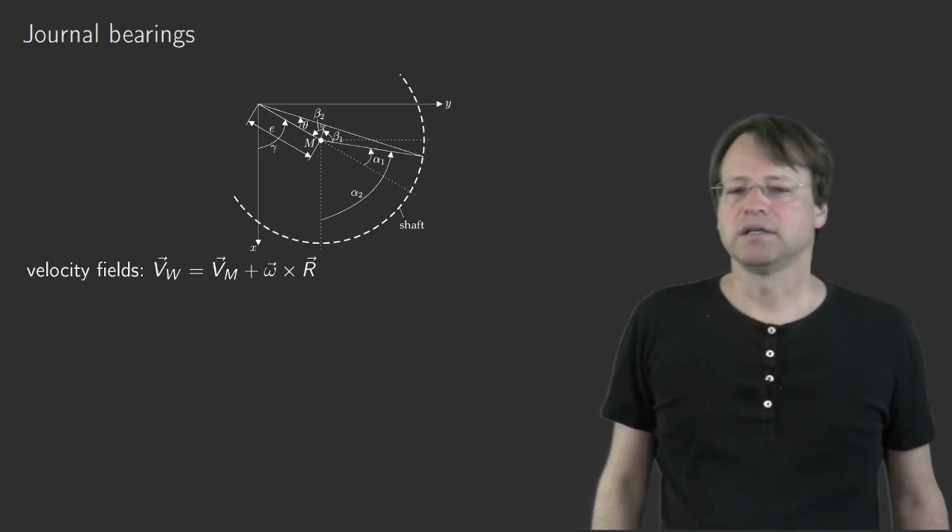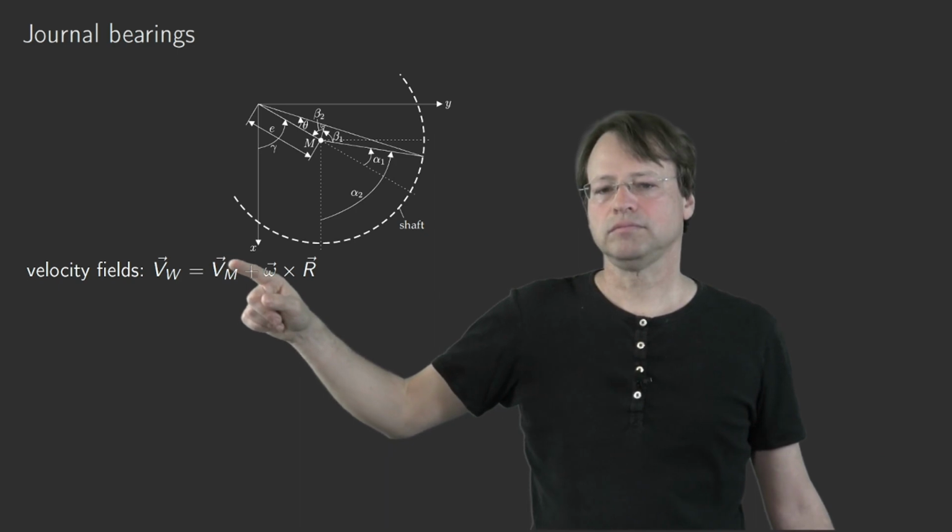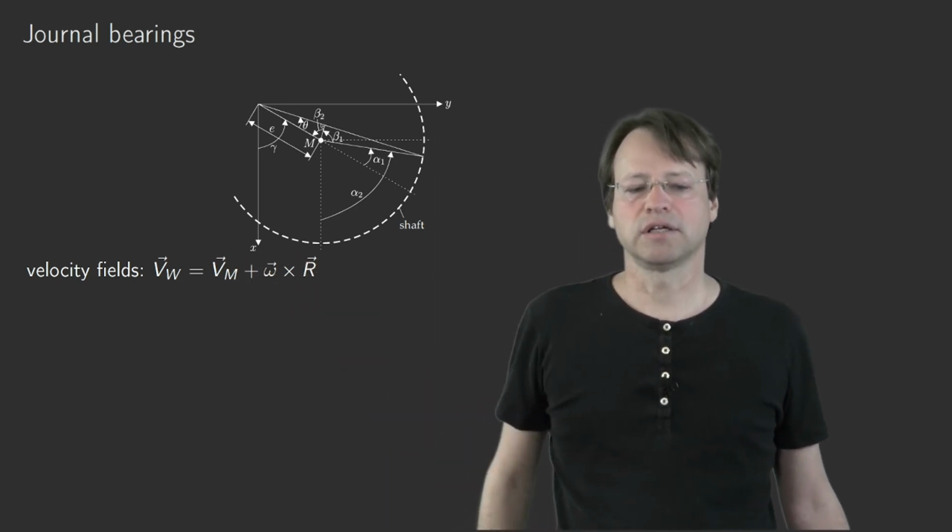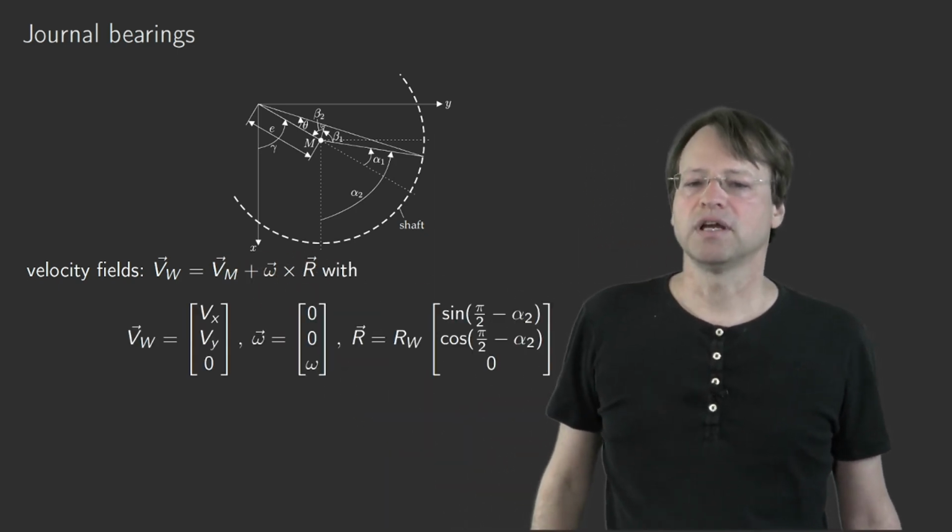So let's plug in here for these vectors adequate quantities. What do we have?